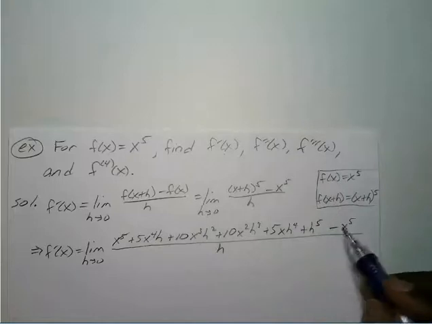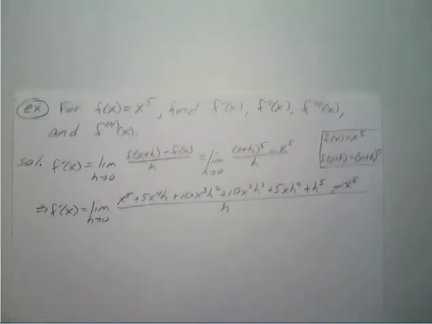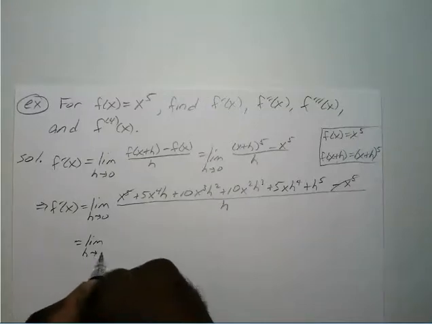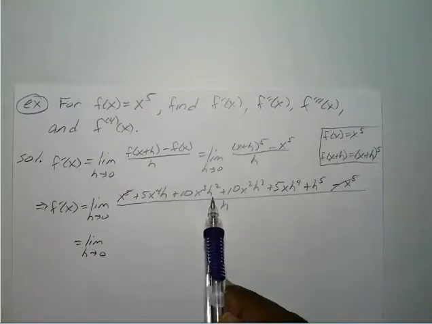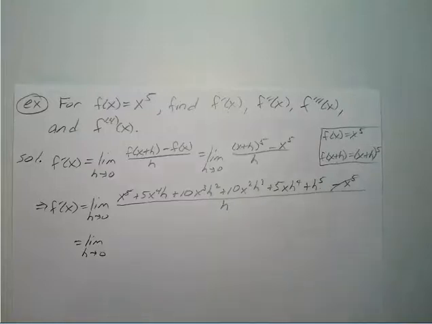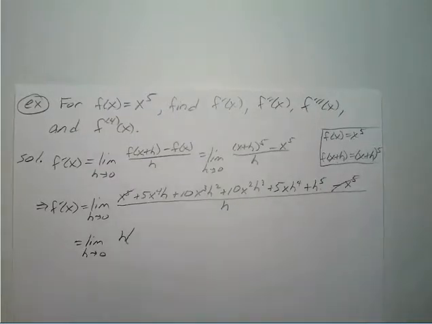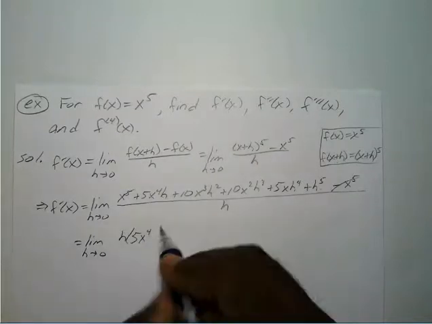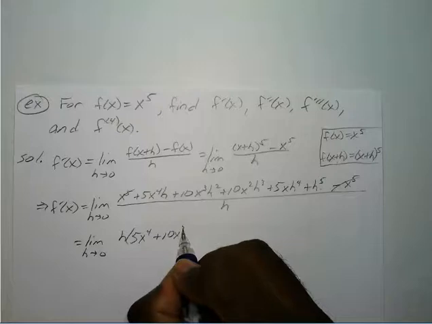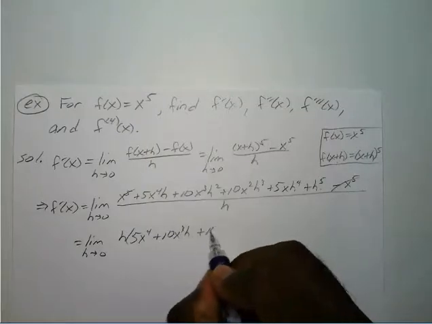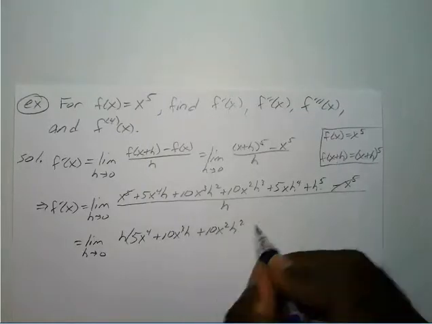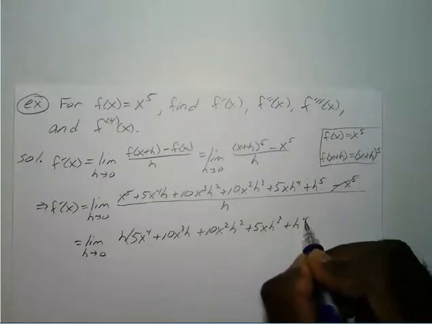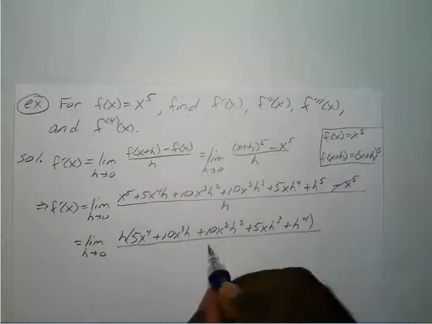And conveniently enough, those two will cancel each other out. So that's going to equal the limit as h approaches 0. We're going to go ahead and factor an h out of every term in that numerator. So if we factor out that h, we have 5x to the fourth plus 10x to the third h plus 10x squared h squared plus 5xh to the third plus h to the fourth, all over h.